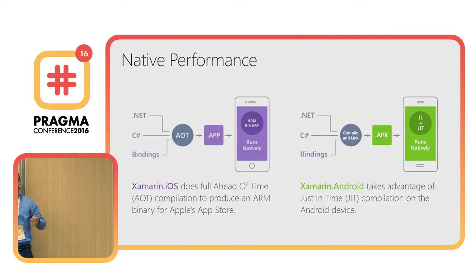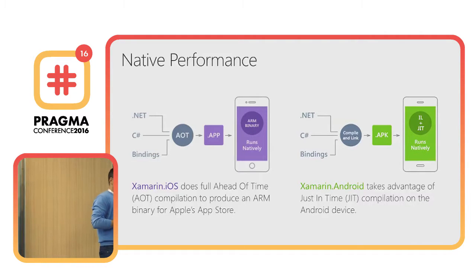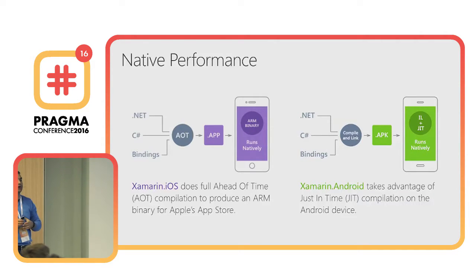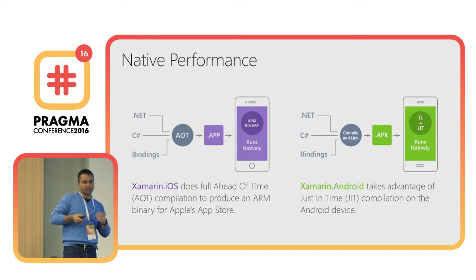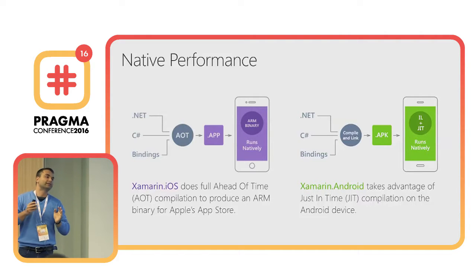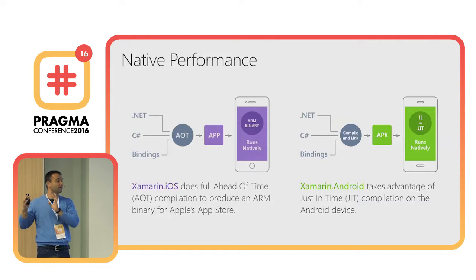So how does it work under the hood? We say native application. How does it work? It works differently on Android and iOS. On iOS, we write in C#. We have bindings for 100% of the SDK. And then, when compiling, the Microsoft Build compiler creates an intermediate language. Then we have a cross-compiler that translates it into ARM code for the device.